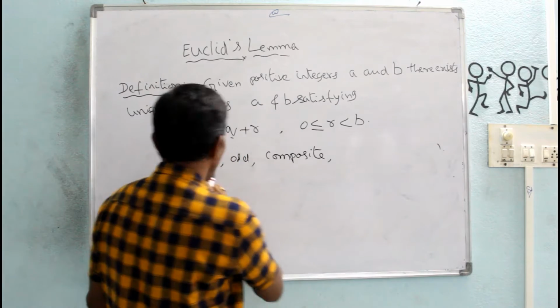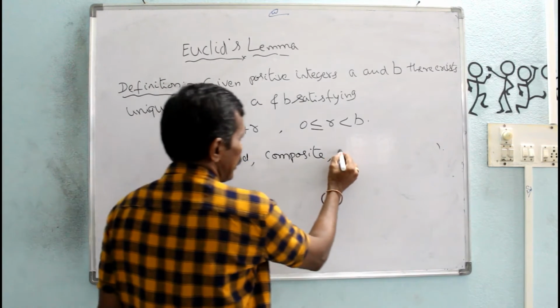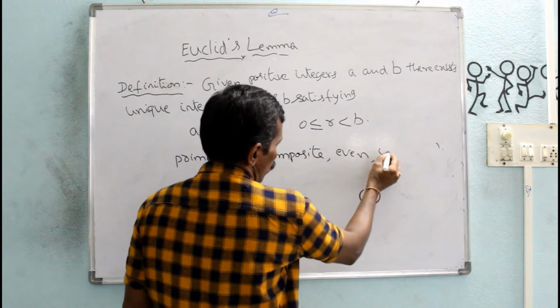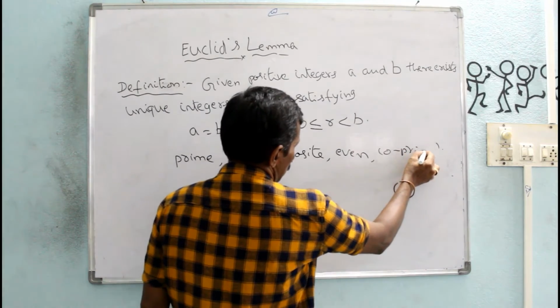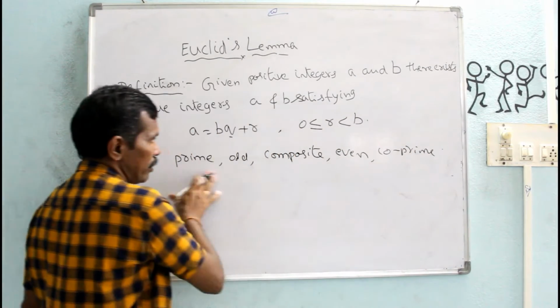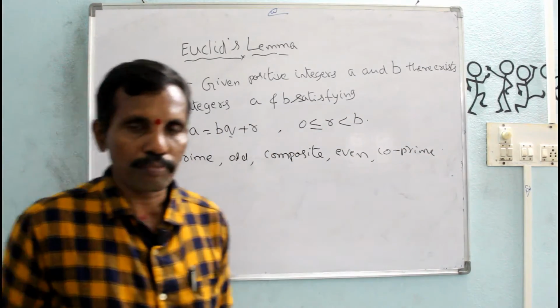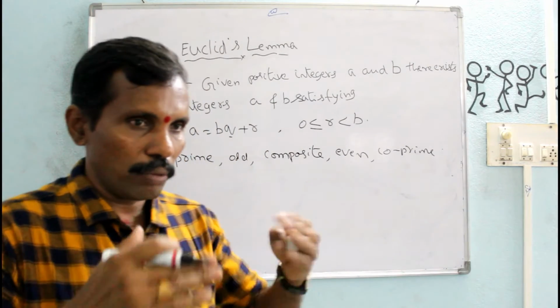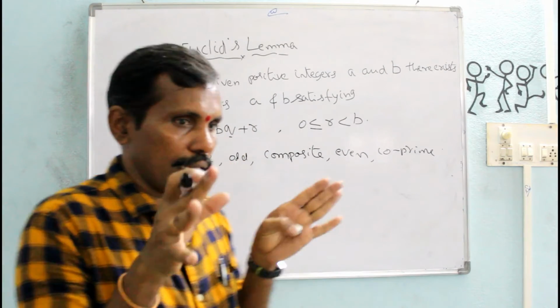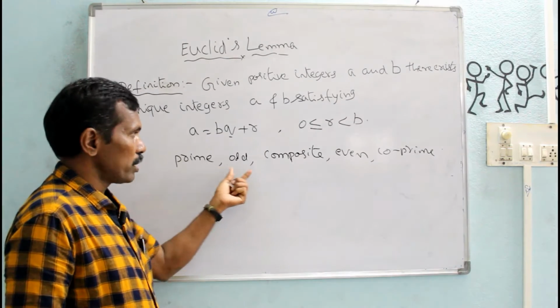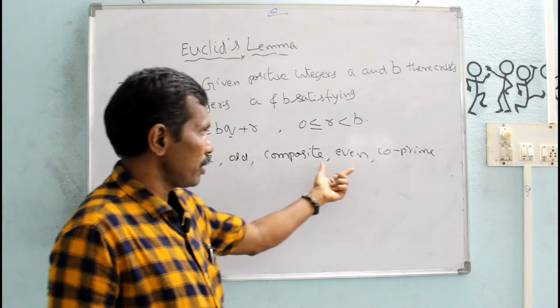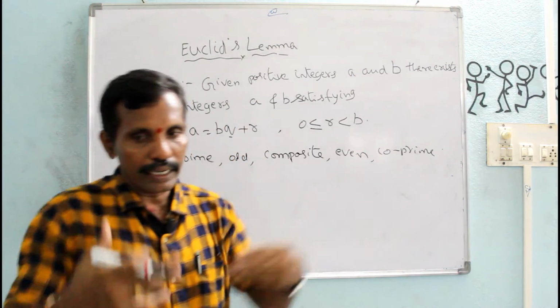So prime, composite, odd, even, co-prime. These are all numbers belonging to real numbers. But you want to know about them one by one clearly. What is prime? What is odd? Composite? Even? Co-prime? I will tell in later classes.